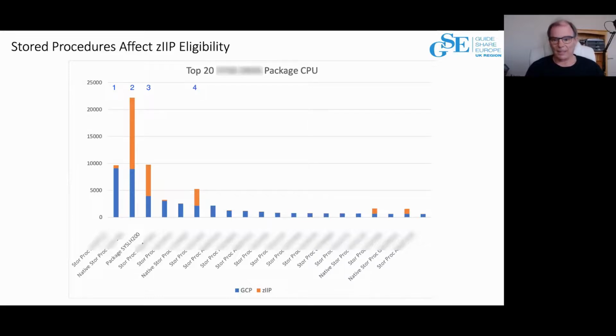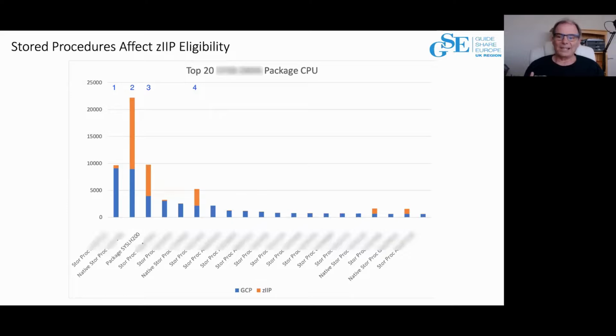You can get package level GCP CPU and zIIP CPU, and you get to know what kind of package it is. The technical piece here is if you are a non-native stored procedure called from a DDF client, you're not going to get the zIIP eligibility.